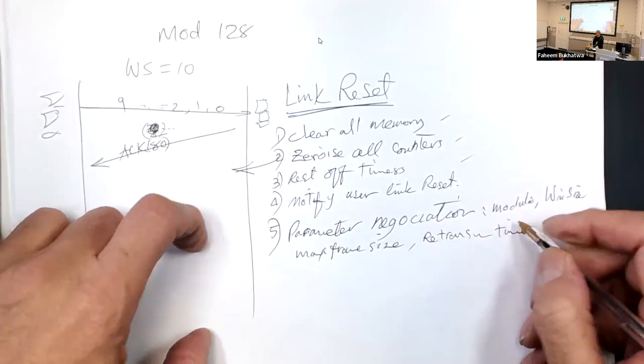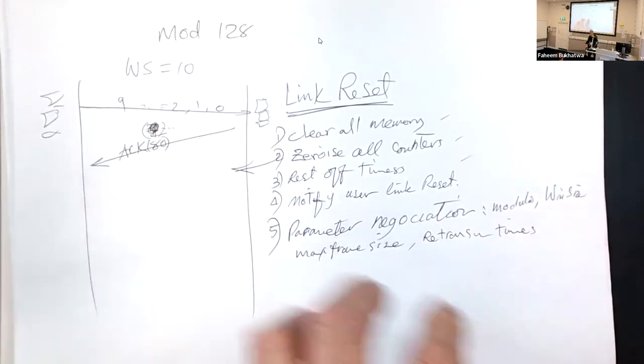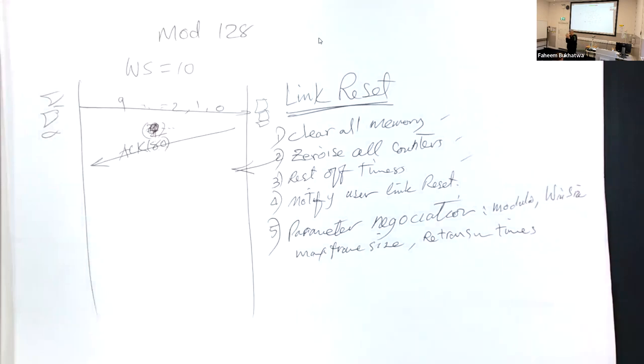Usually there's a default value, but these are the variables that you and I need to agree on, the sender and the receiver. Retransmission timer: if I send you a frame and it got lost, my timer will go off, so I send it again. Maybe you got it and sent the acknowledgement, but I didn't get the acknowledgement. My timer goes off again, I send it again.